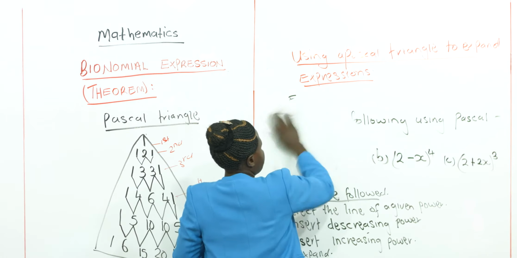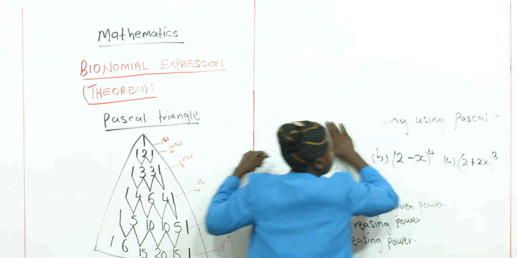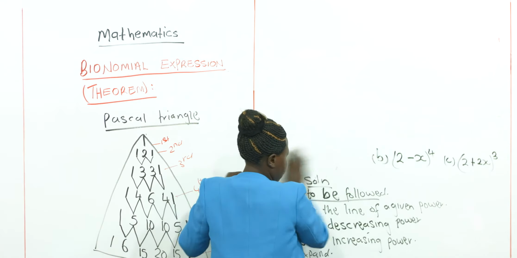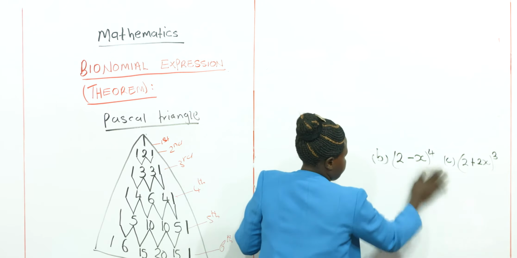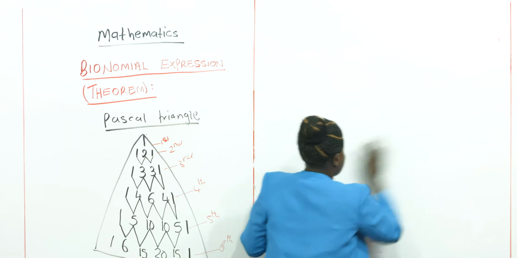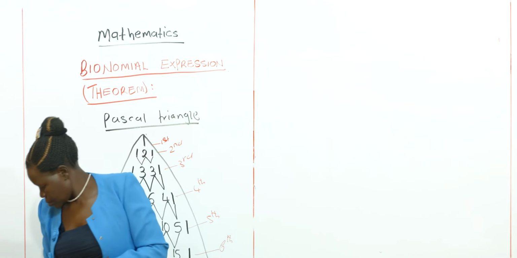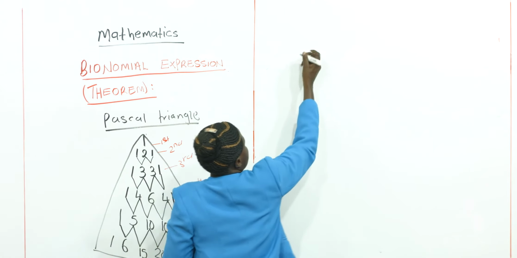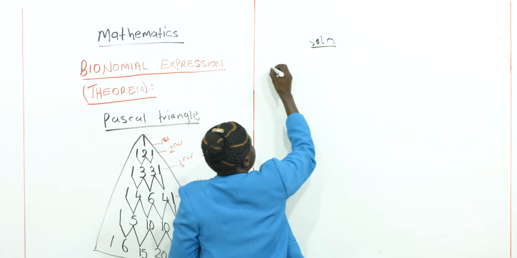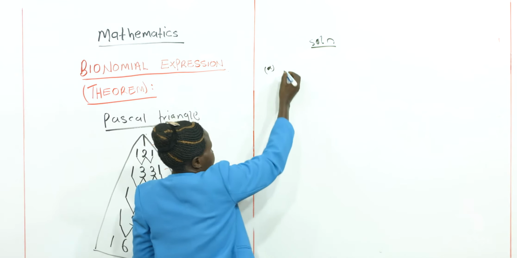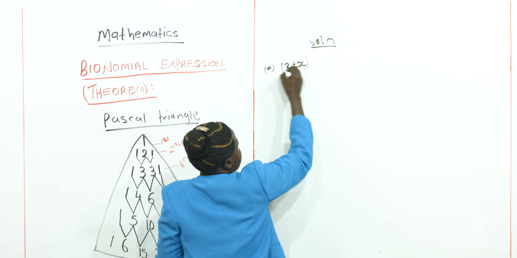So let us look at the solution to example A. So we say part A. So our part A is 3 plus x raised to 3.